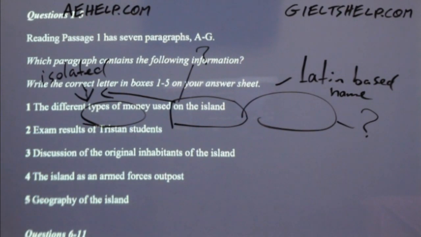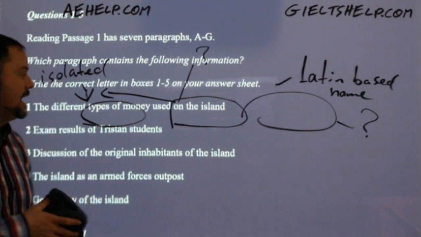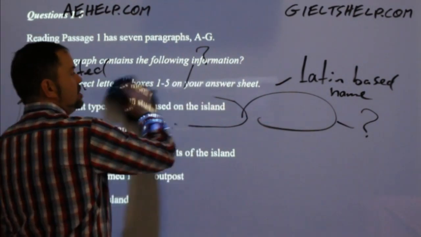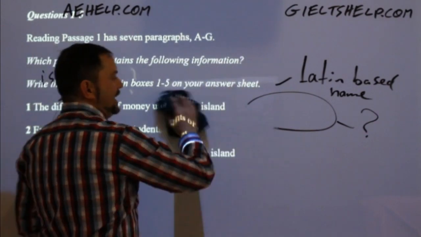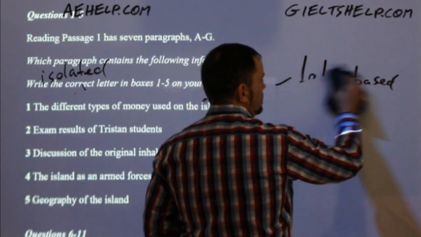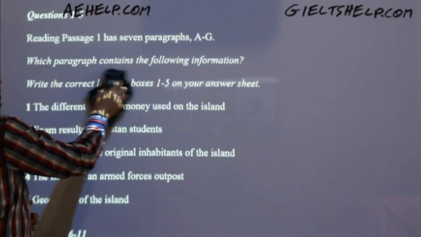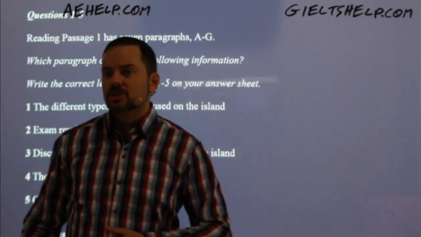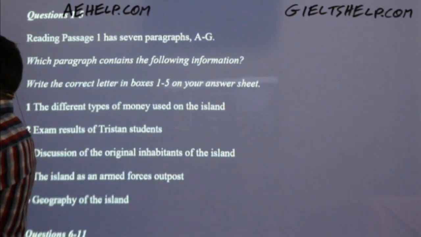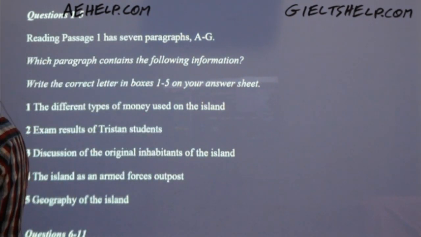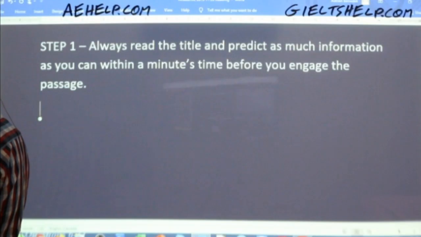Very good, Hassan, absolutely. So that's the minimum information that you should gather in your thoughts before you engage the passage. You should realize, okay, this passage is probably about an isolated island far away from other populations.